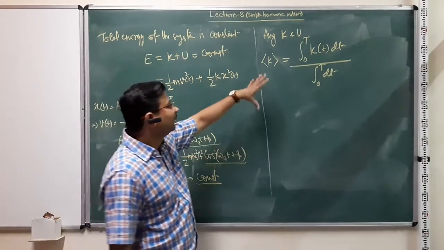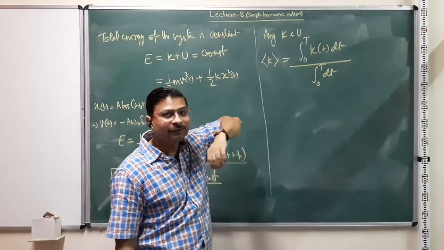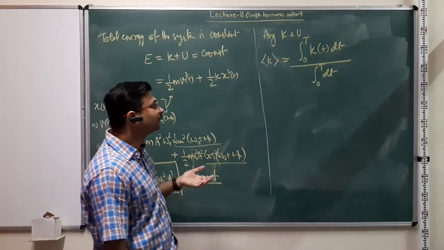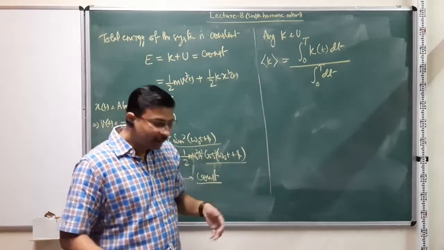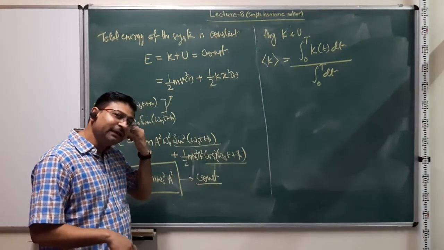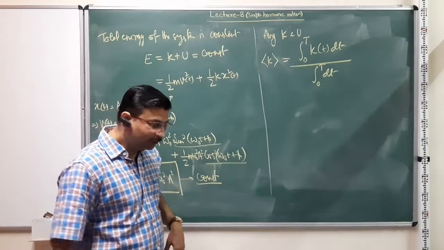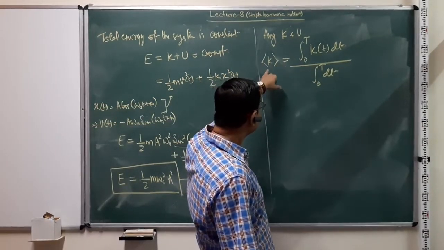In fact, if you look back, we wrote something similar when we were discussing the impulse formalism, that integral of F dt is called the impulse, right? And there we defined that if we can find the integral of F dt, then we can find some kind of average force acting on a characteristic time scale. So this is similar to that.